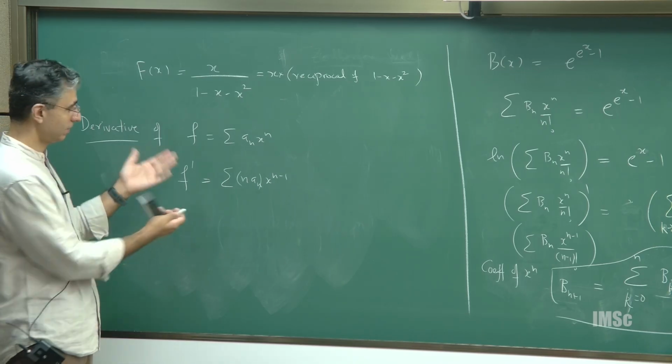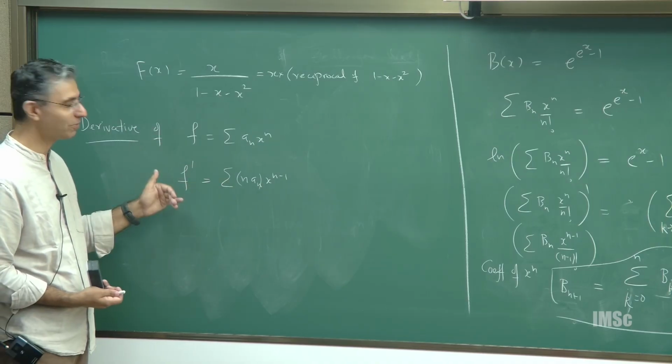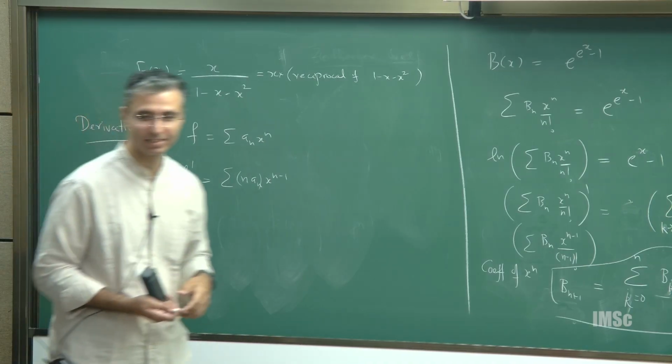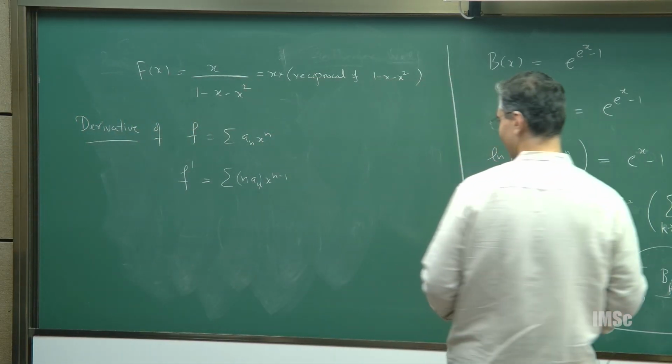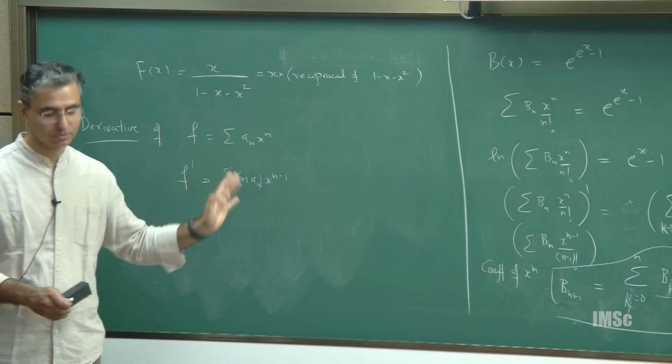If f is equal to f prime, then there is a constraint here. We have to show that only e power x or a multiple of e power x is the only solution.